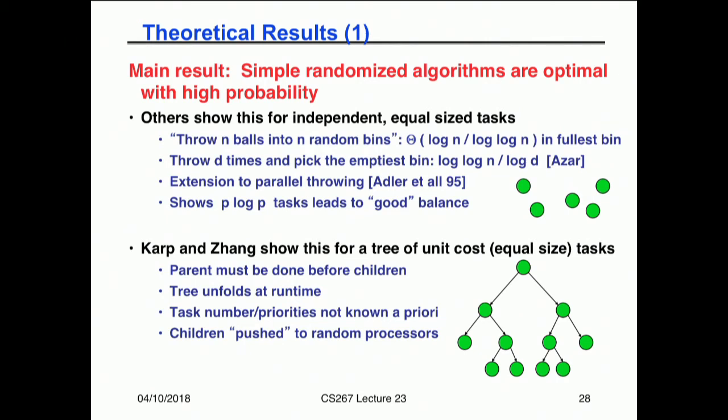So ignoring all the details of the formulas, that's the main result: with high probability, if you randomly assign these tasks to processors, you're going to get something that's pretty close to optimal load balance.